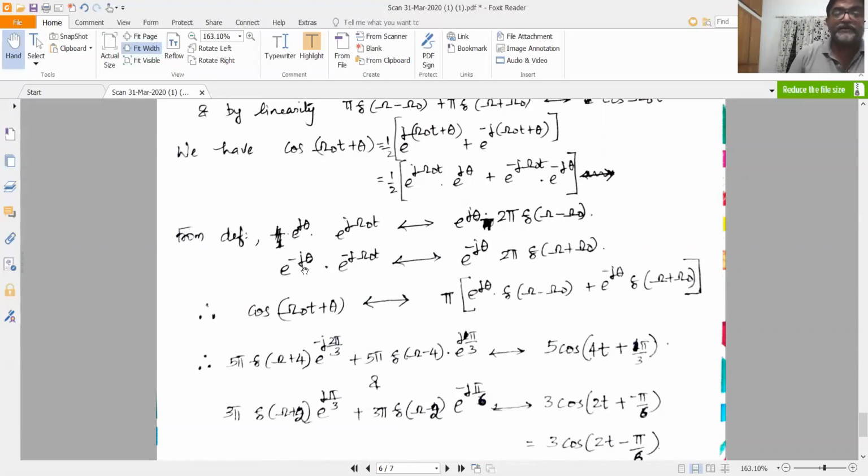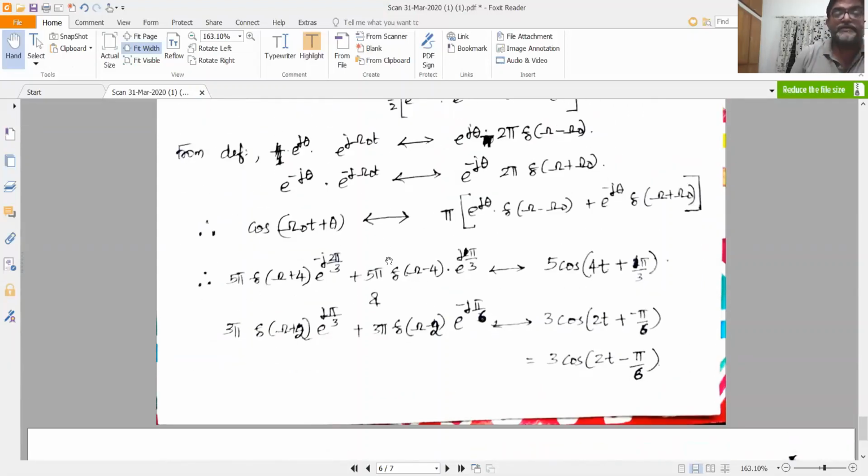And e raised to minus j theta into e raised to minus j omega naught t has a Fourier transform e raised to minus j theta into 2 pi delta omega plus omega naught. So if you add these two and divide by 2, this has the Fourier transform pi into e raised to j theta delta omega minus omega naught plus e raised to minus j theta delta omega plus omega naught. Is that clear?